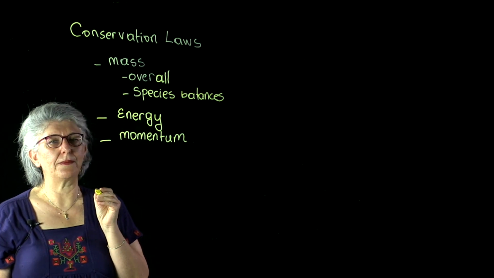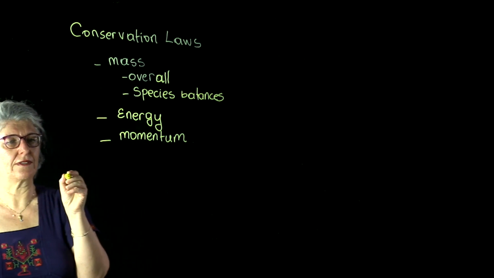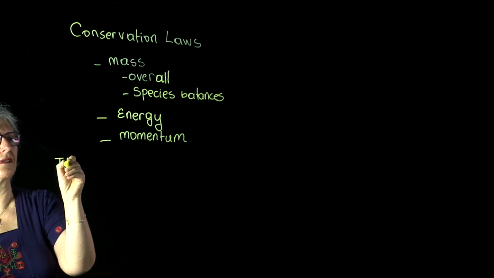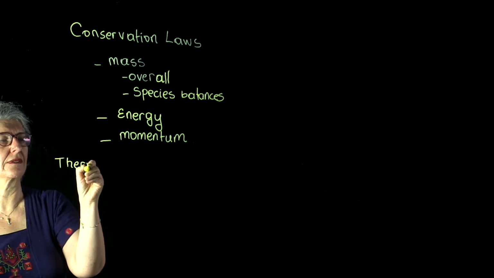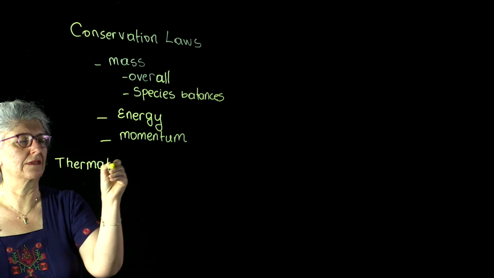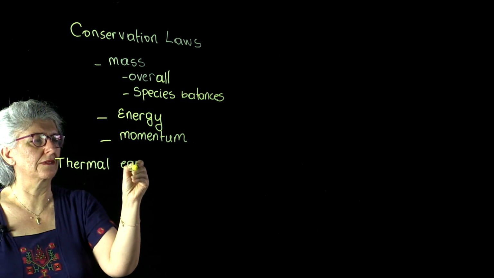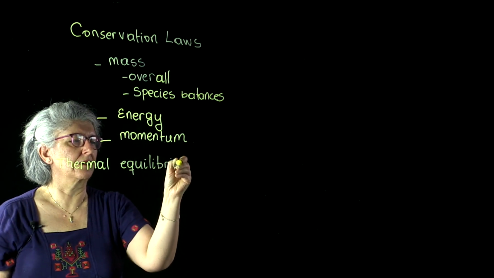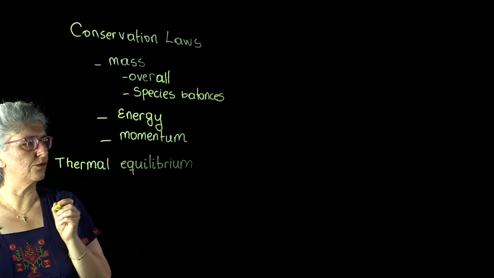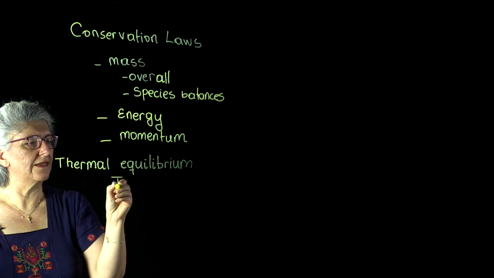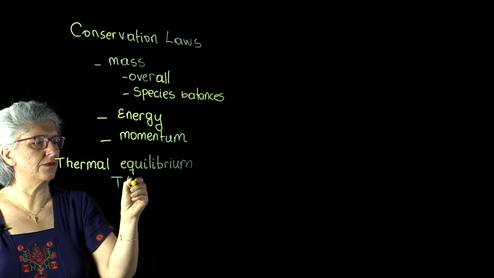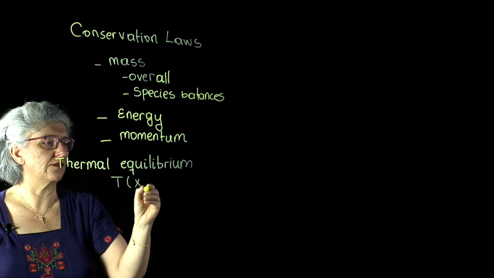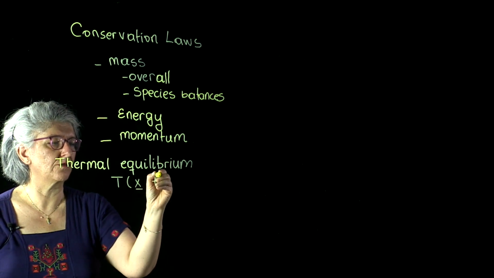So, one quick example. If the system is thermally equilibrated, then we conclude that the temperature is neither a function of position, x is our position vector, nor a function of time.